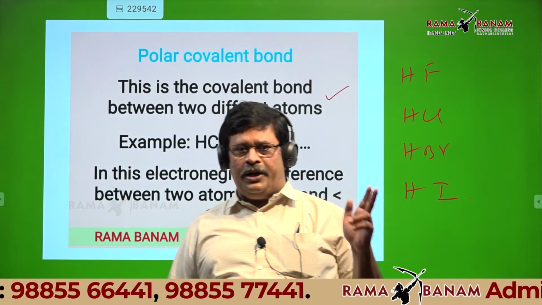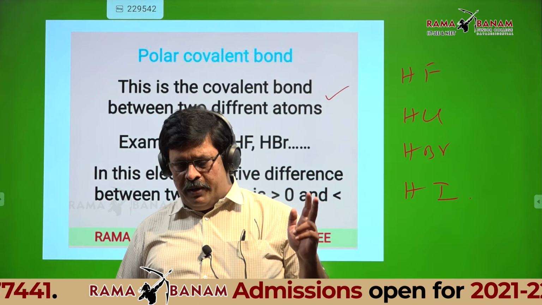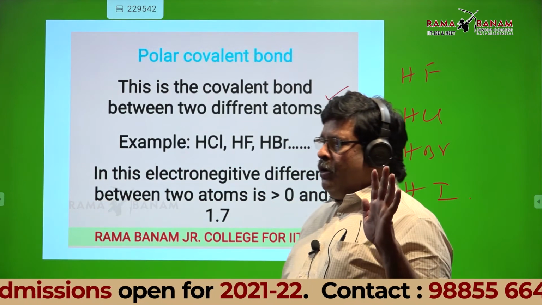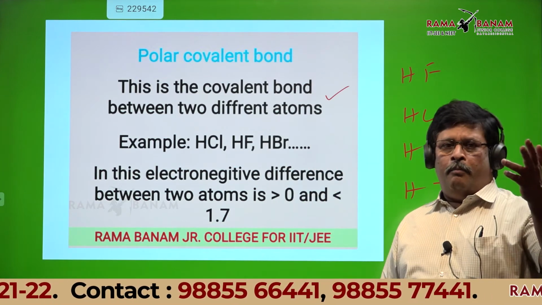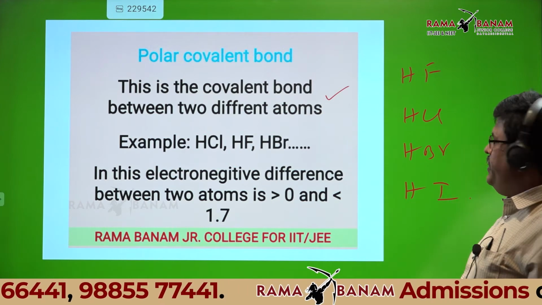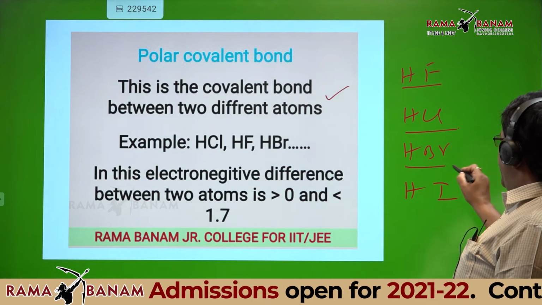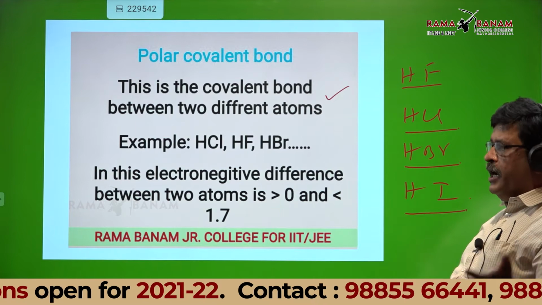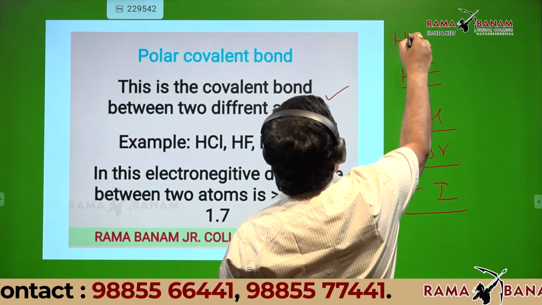Aluminum forms only two binary ionic compounds, aluminum fluoride and aluminum oxide. Here I mentioned simply diatomic polar covalent molecules: hydrogen fluoride, hydrogen chloride, hydrogen bromide, hydrogen iodide. Generally we call these hydrogen halides.